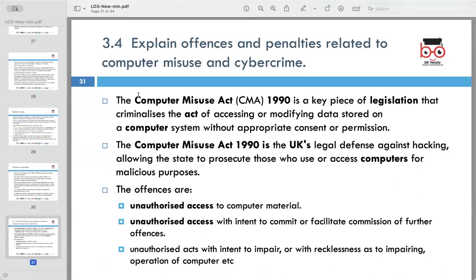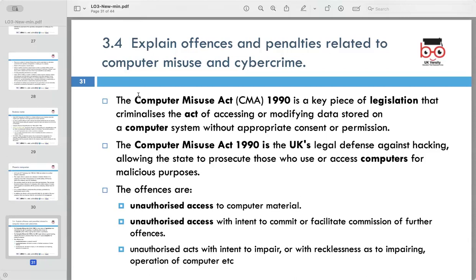This explains offenses and penalties related to cybercrimes. So, the Computer Misuse Act 1990 is a very important legislation addressing computer misuse and cybercrime.